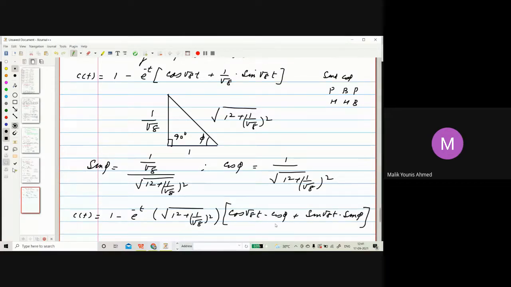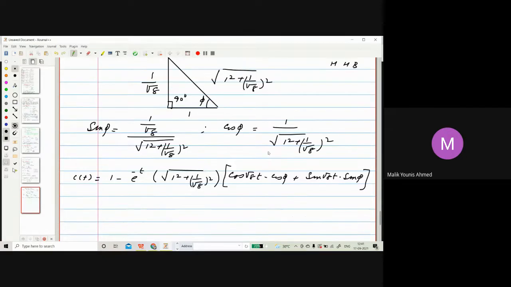You can very clearly see, outside I am multiplying by this. If you multiply this thing, you are going to get exactly the same thing. See, this denominator multiplied by the cos will be 1, fine. This denominator multiplied by the sine will be 1 by under root 8. So I am doing just nothing, I am just making simplifications here.